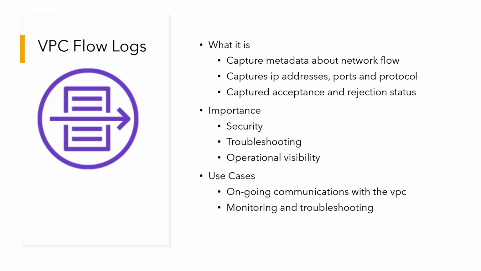And also, for troubleshooting, when communication or connectivity issues arise, the flow logs act as a historical record, helping you to pinpoint where, when, and why the problem occurred. Then, for operational visibility, they will give you insights into the performance and the usage of your resources, facilitating better capacity planning and network management.